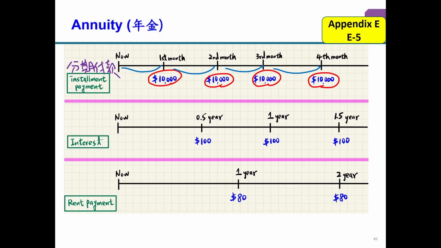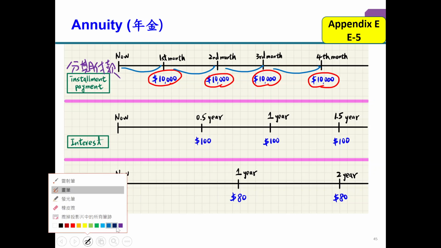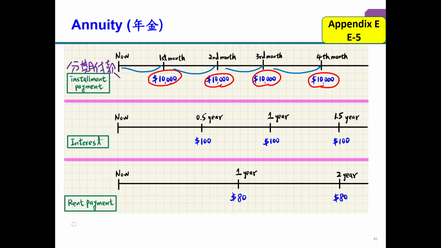What else? Interest. You promise to pay the interest to the creditor, right? What's your promise? I promise every 6 months I'm going to pay the interest to the creditors. So same amount, $1,000, $1,000, $1,000 for every 6 months. How about rent?